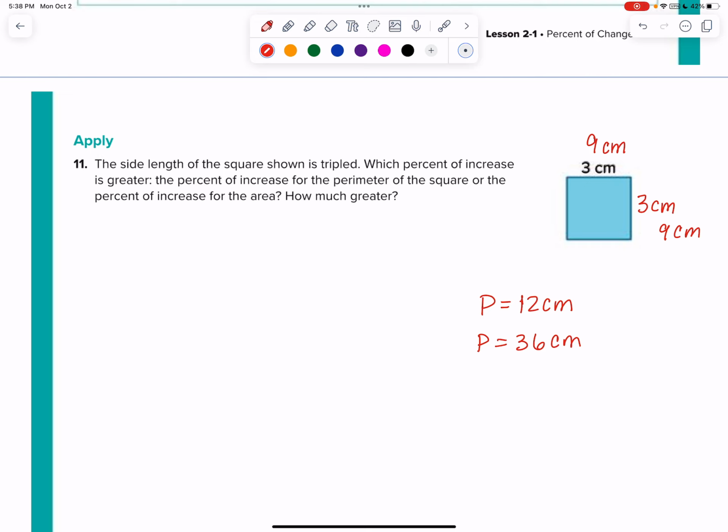Now, the question is, which percent of increase is greater? The percent of increase of the perimeter or the percent increase for the area? So I can go ahead and do end minus start over start for this one. Okay. My end is obviously this, and my start is this for my perimeter. So 36 minus 12 over 12. Okay.